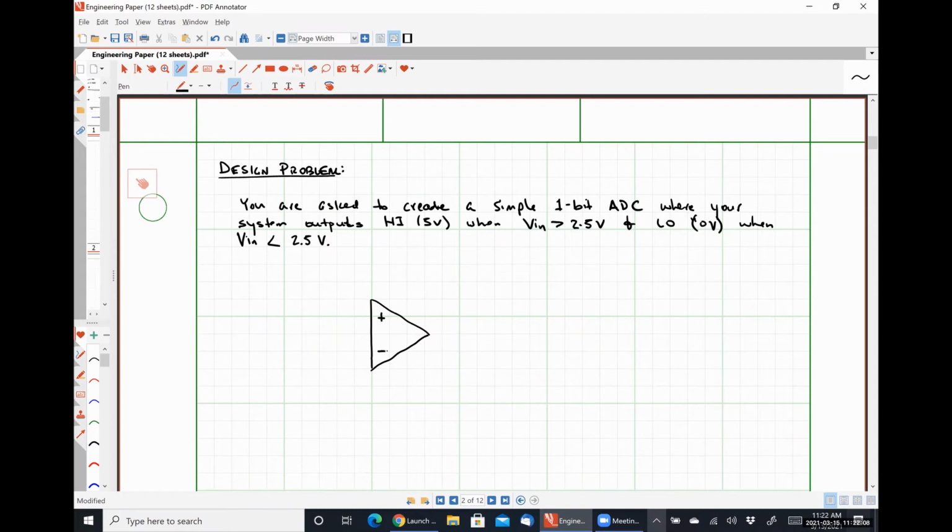Plus here, minus here. Here's my output. Here's my input, the Vn. So what does my reference voltage need to be? Let's start there. 2.5 volts, right? And that's what we're comparing everything to.